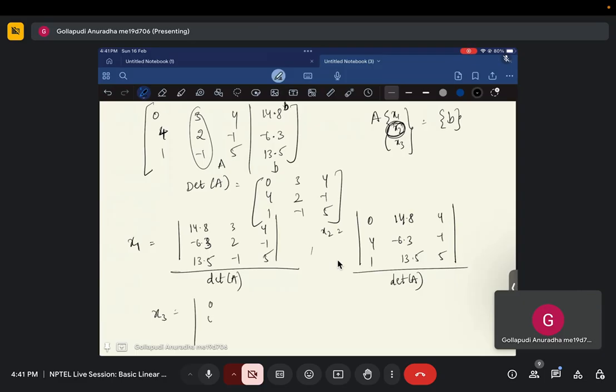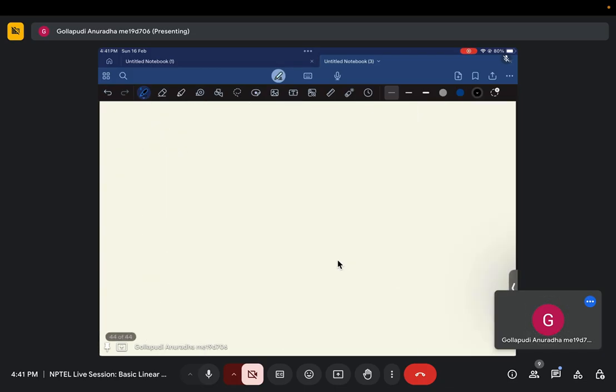Minus 87. So the determinant of A is minus 87. So x1, it is easy for you if you're doing hand calculations.